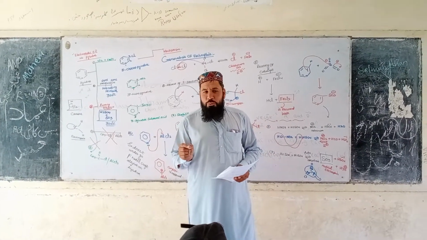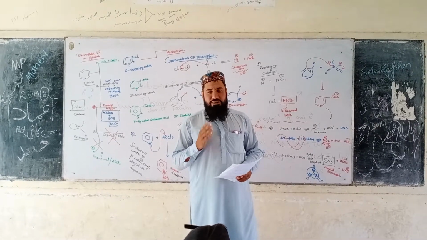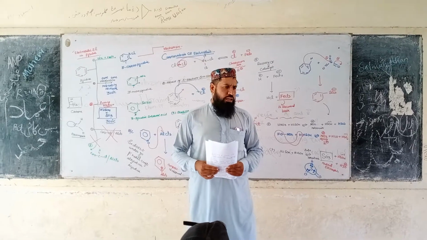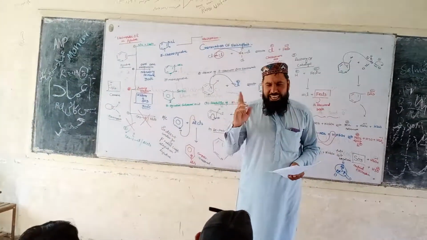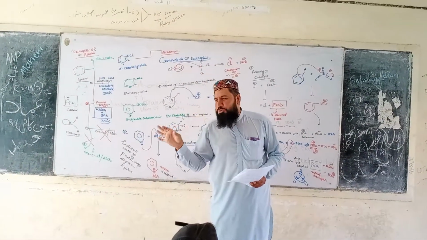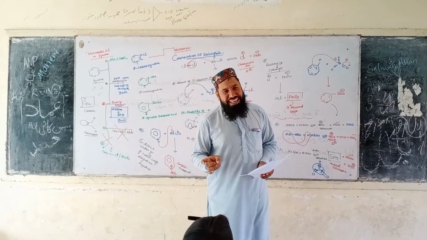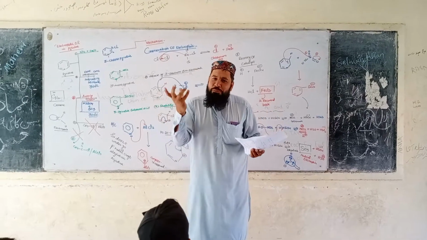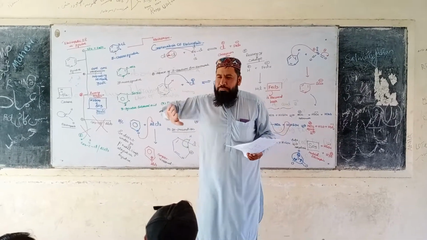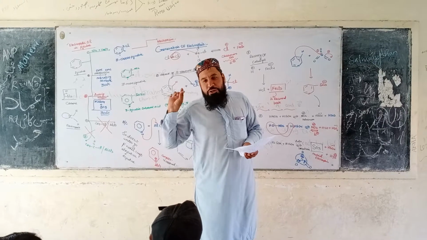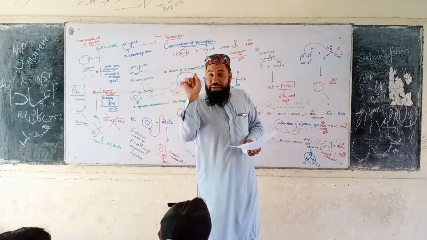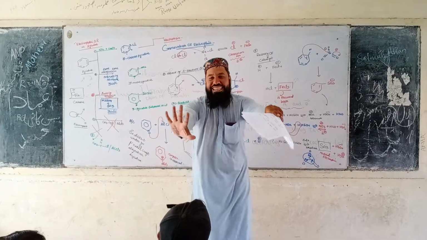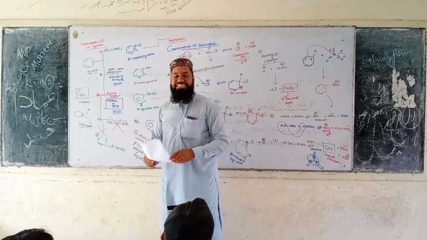So what is the reason for the UV visible light source? Have you ever thought about why we use UV light together with visible light? UV is a separate portion and visible is separate, but we use both because the mechanism of interaction of UV light and visible light is the same; both cause electronic transition.